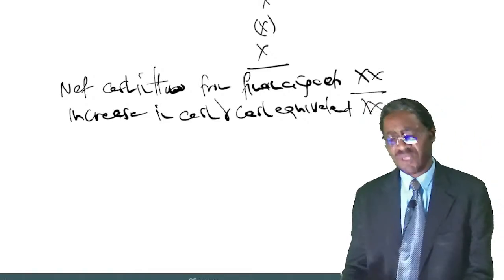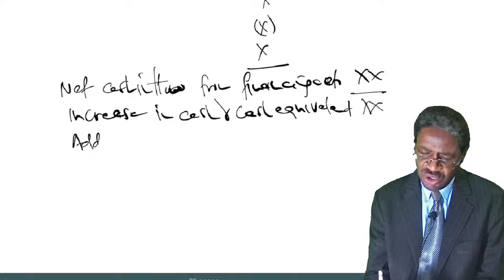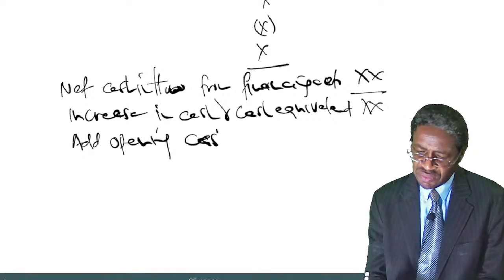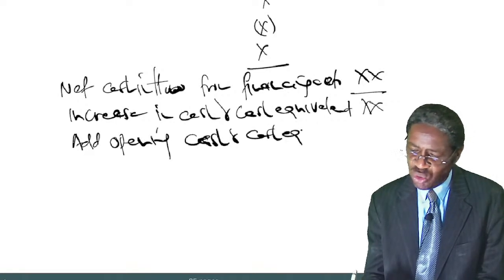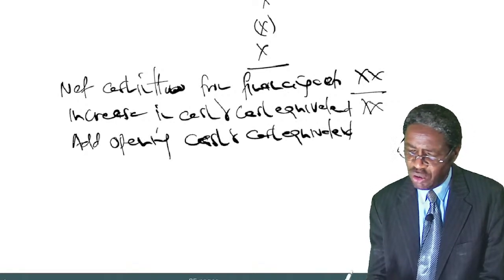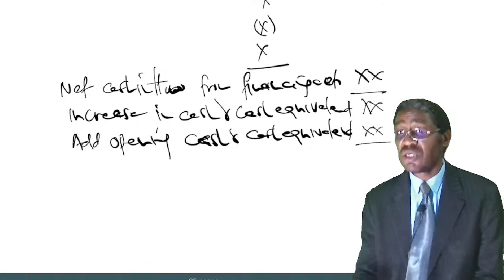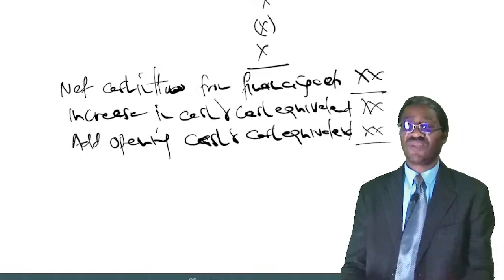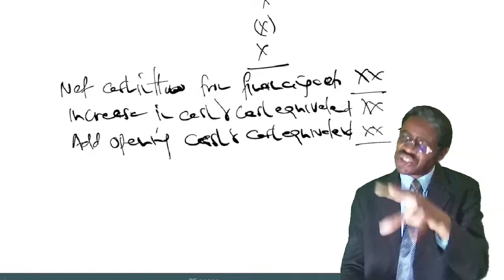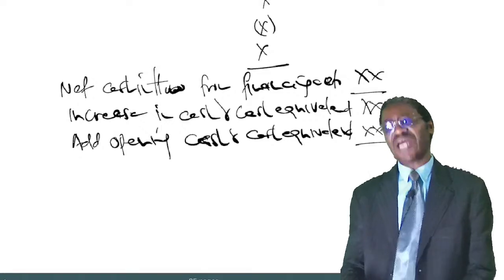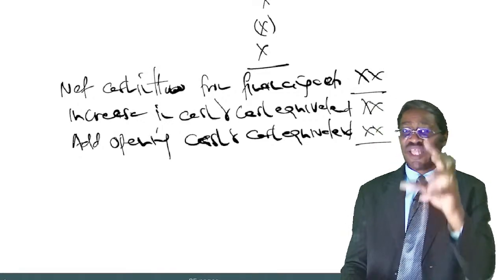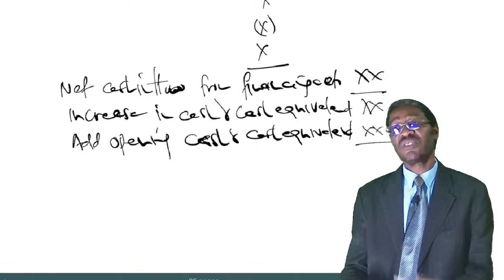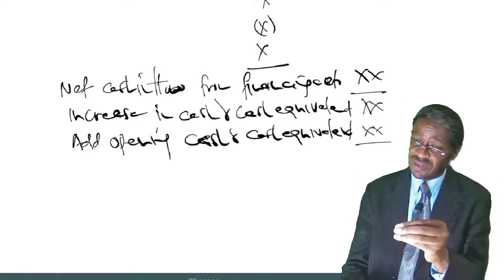Then from there, you had to add what you call opening cash and cash equivalent, meaning from the balance sheet last year, whatever was the cash and cash equivalent last year automatically becomes the opening cash and cash equivalent by the beginning of this year. That's why we call it opening.